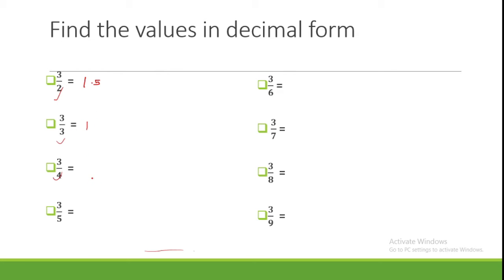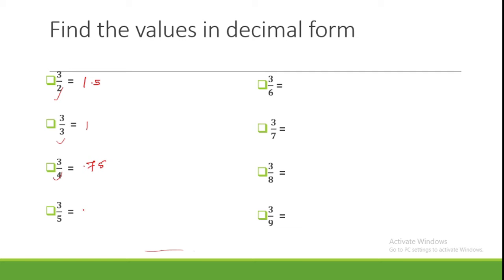Now, what about 3 by 4? If you say 3 by 4th of something, there are a total of 4 parts and you are taking 3 parts. So, 3 by 4 is 75%, right? So, it is 0.75.